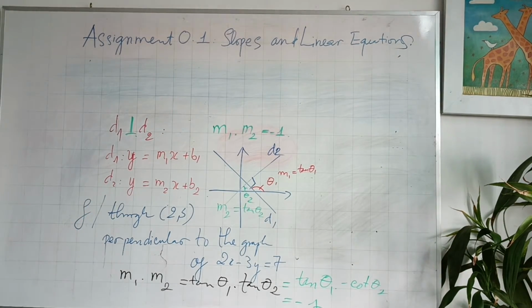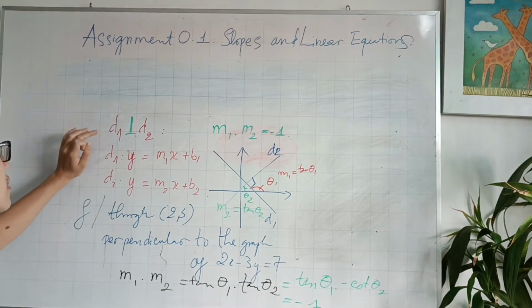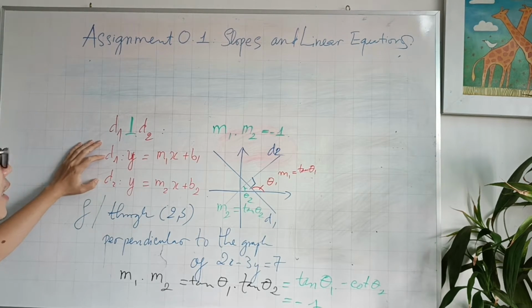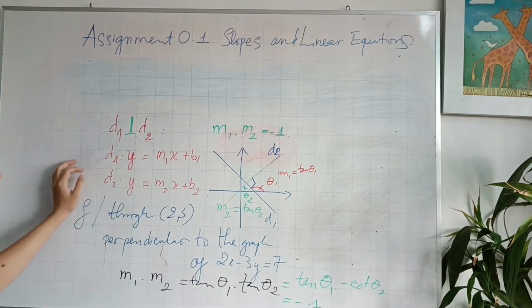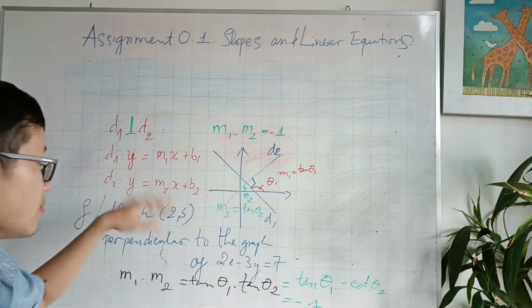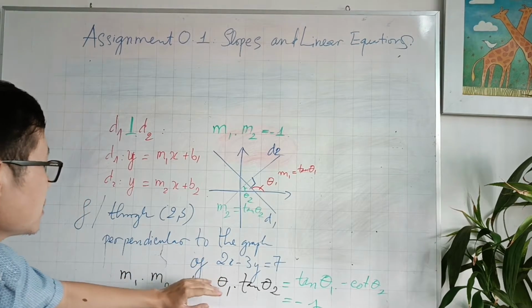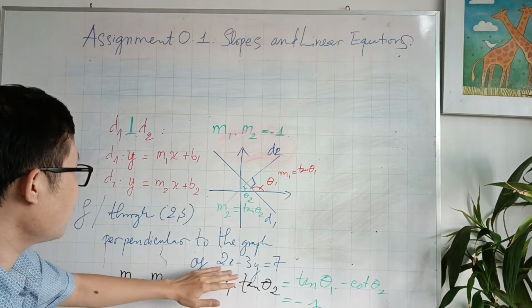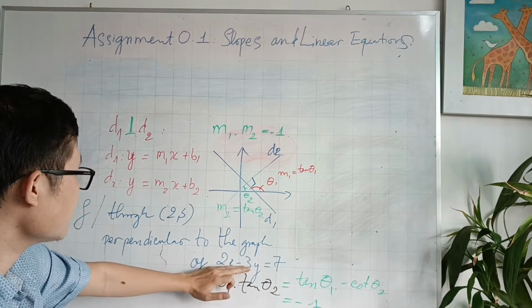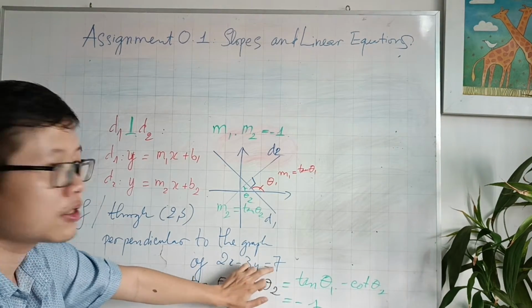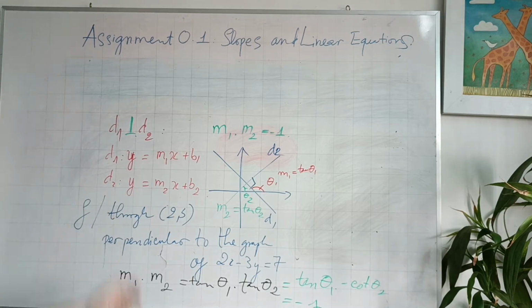We see that when you apply the formula, D1 and D2 must be written in slope-intercept form. So the first step is to change the form of the line here, 2x minus 3y equals 7, to the slope-intercept form.